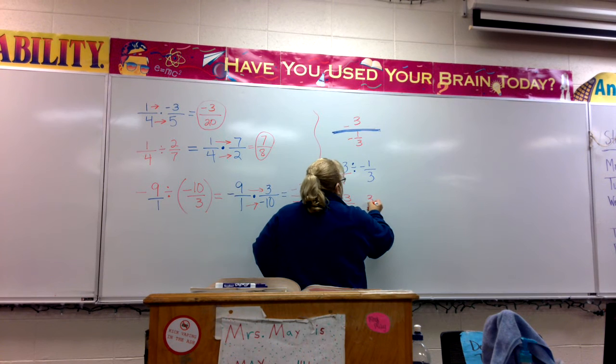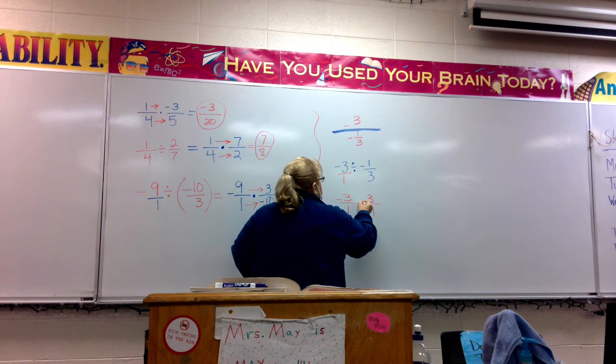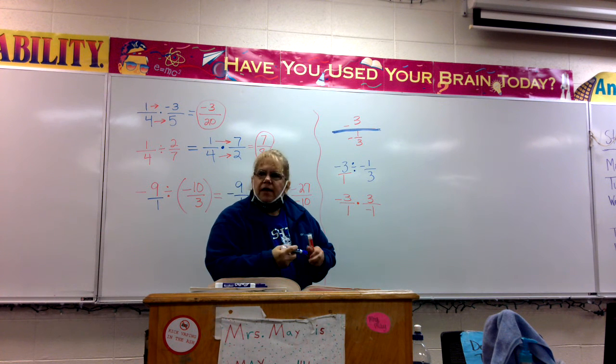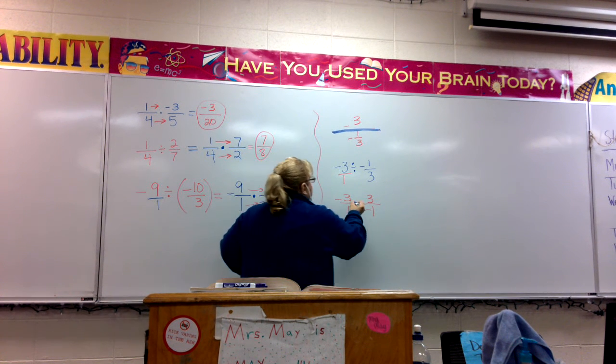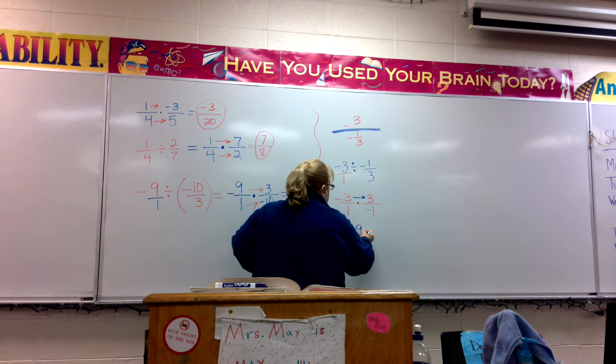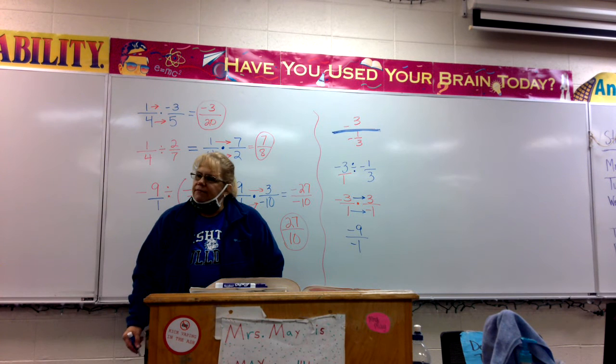So I'm going to have 3 over negative 1. Instead of divide, multiply. And then we'll go top times top, and then bottom times bottom. If you leave it like that, I would take a point off.